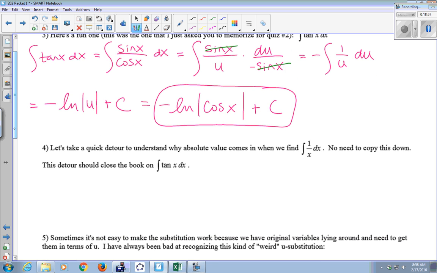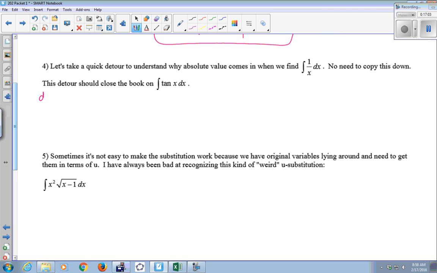Let's think about it for a little bit. I know that the derivative of the ln of x is 1 over x, right? We learned that in Calc 1. Derivative of ln x is 1 over x.